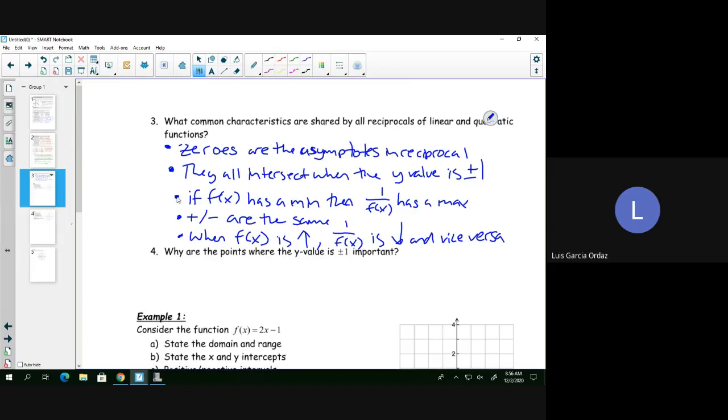Okay, and we kind of touched upon this before. So why are the points where the y value is plus or minus 1 important? What happens to the reciprocal and the parent function at those specific y values? They intersect.